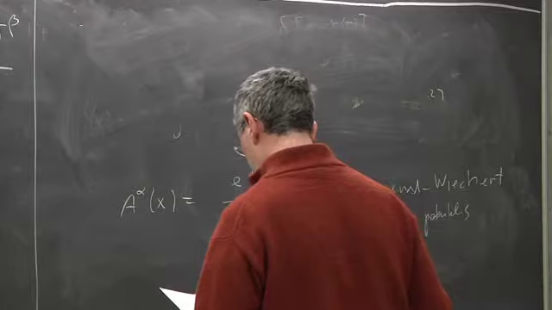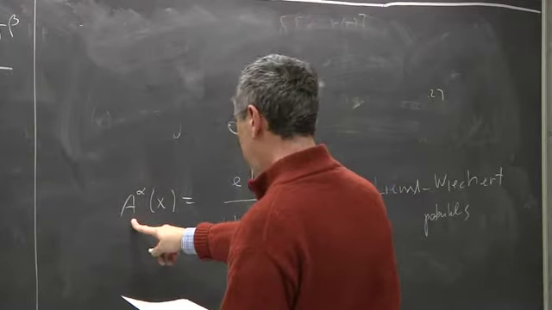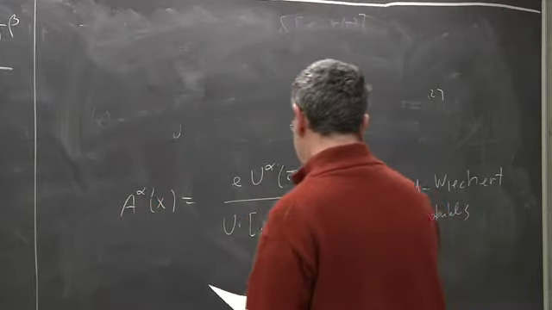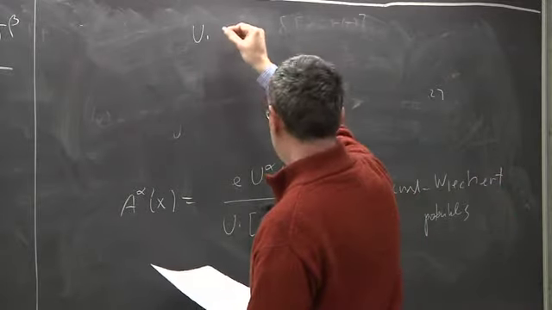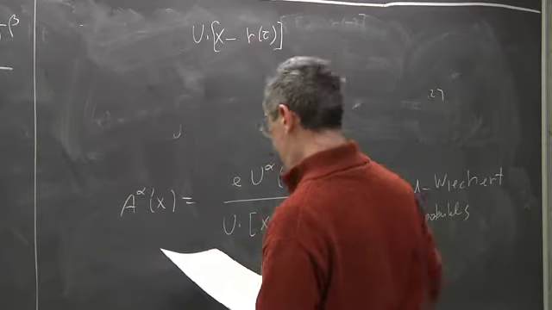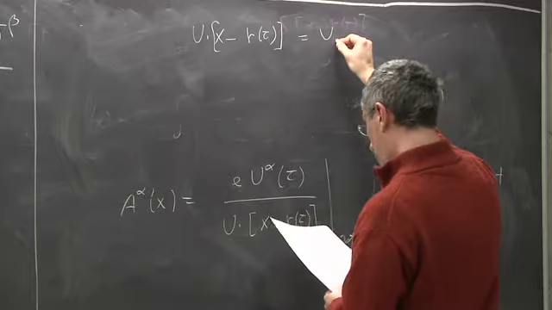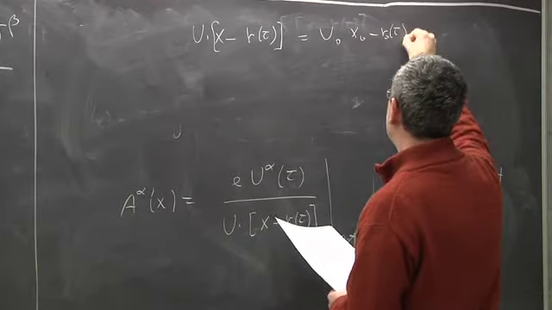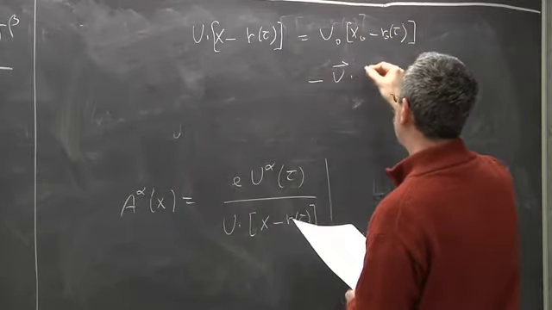Let's look at the zero components. You see, this distance here, u dot x minus r of tau, this is u naught x naught minus r of tau naught, minus the vector part.